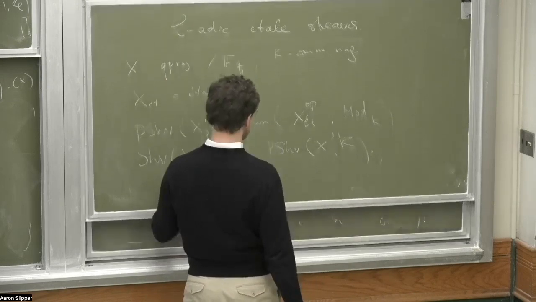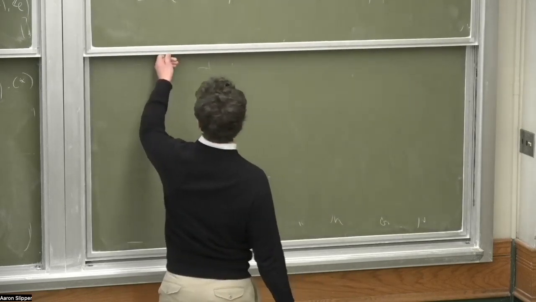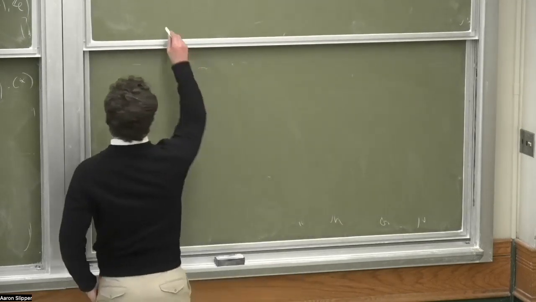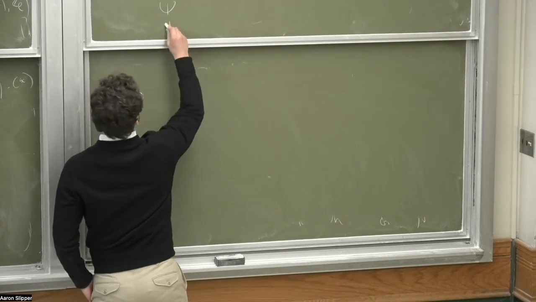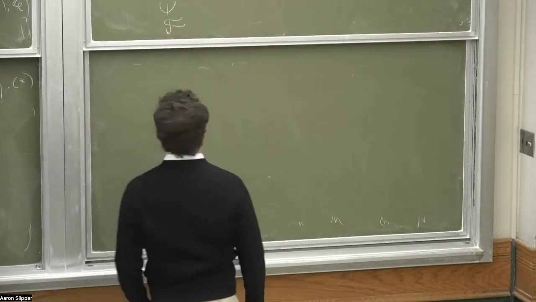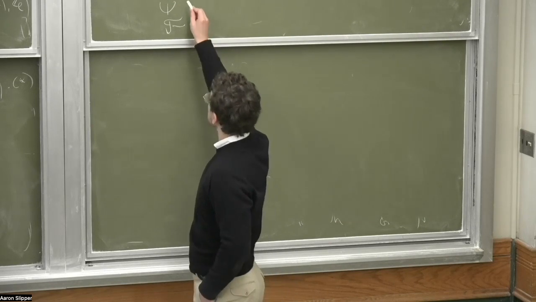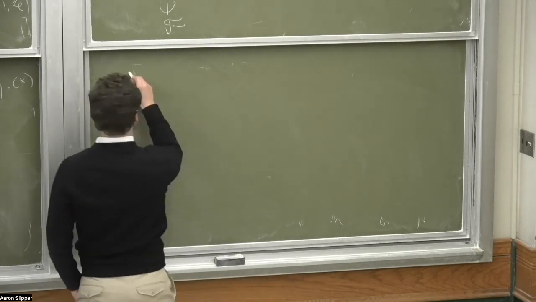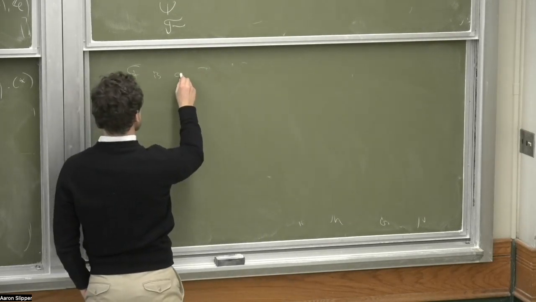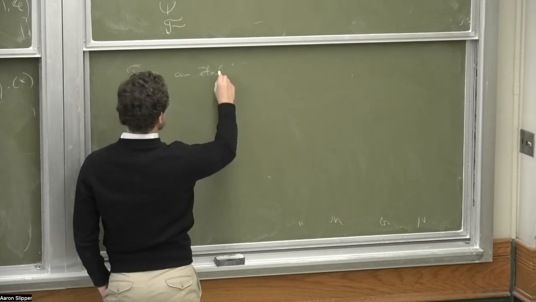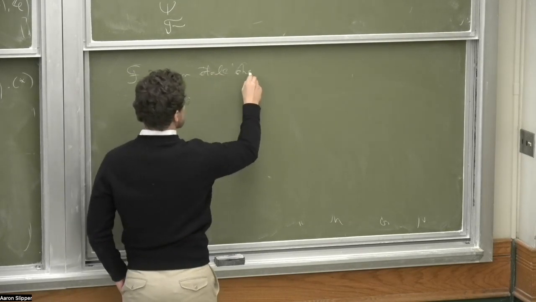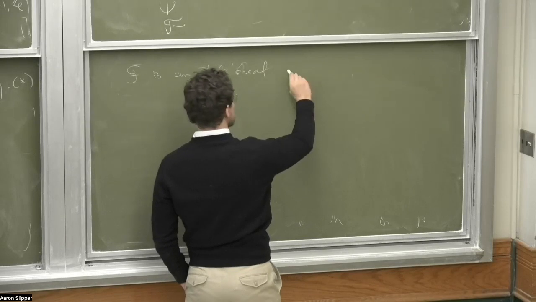Which is defined as follows. An object F is in this full subcategory, F is an étale sheaf, if the following condition holds.